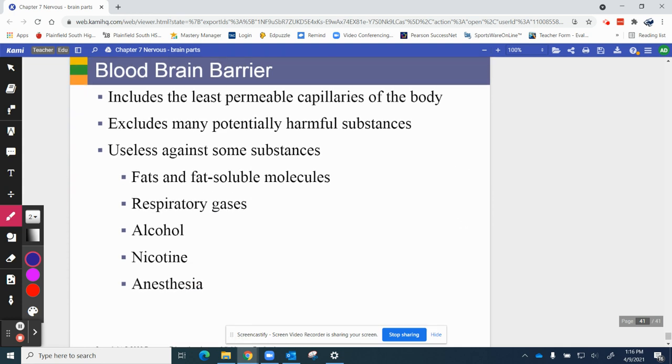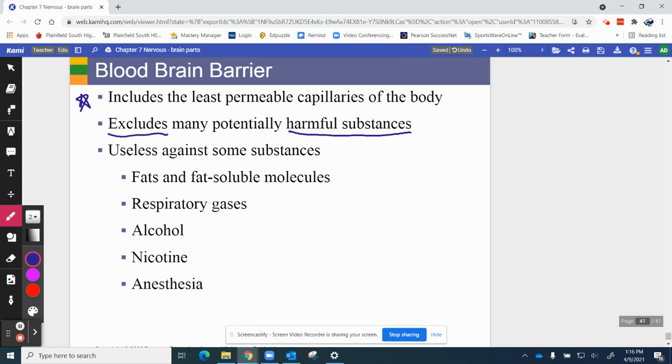One of the other layers that we have here is what's called the blood-brain barrier. So this is the least permeable set of capillaries that we actually have in the body. And it's for good reason, because we don't want certain substances to get into the brain. So it will keep out those specifically harmful substances that could be bad for the brain.